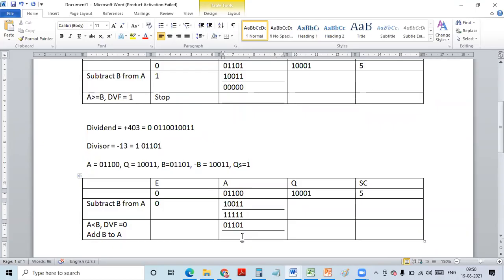So 1 plus 1 is 1, 0, and so on, and the result is 0, 1, 1, 0, 0 with E as 1. Is this my A? Yes, we got our A back with E as 1.